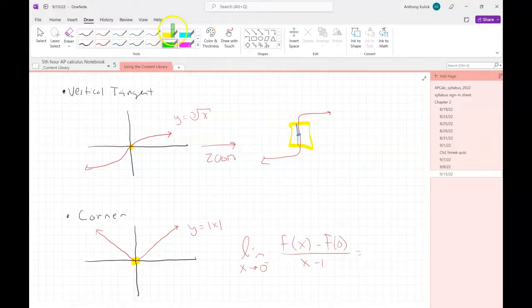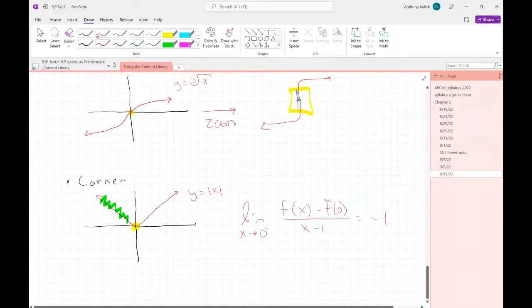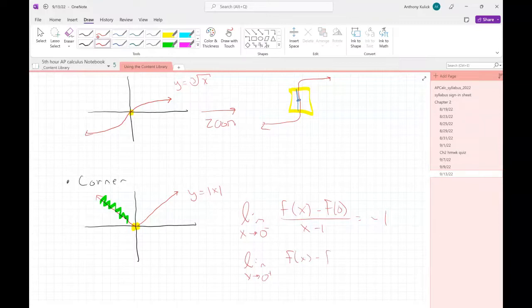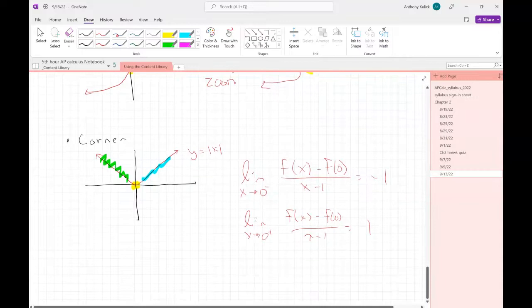So this is the slope for that part of the line, right? Should be -1. And then this would be the slope for this part of the line. This would be positive 1.